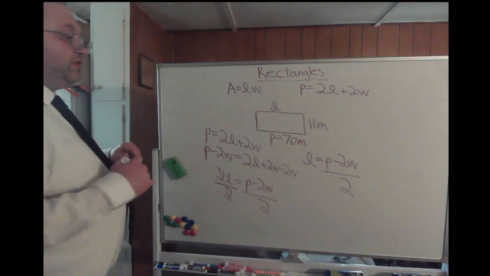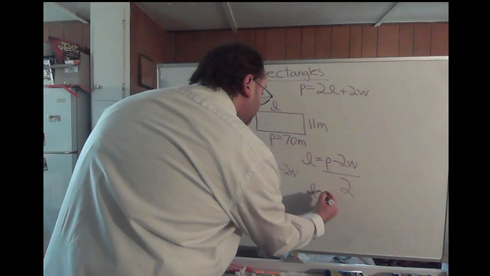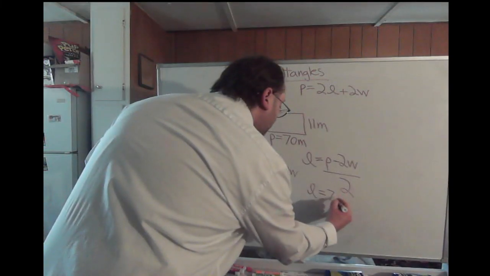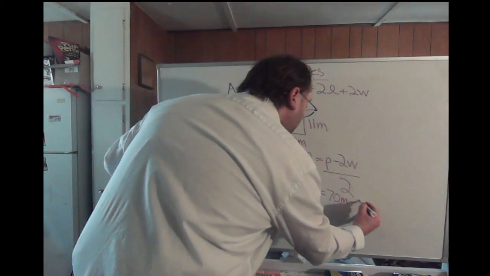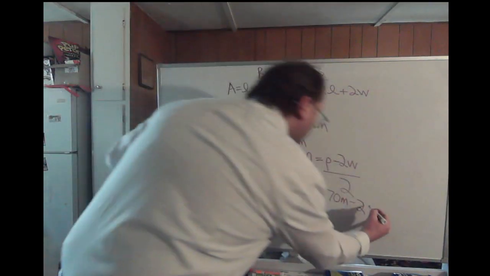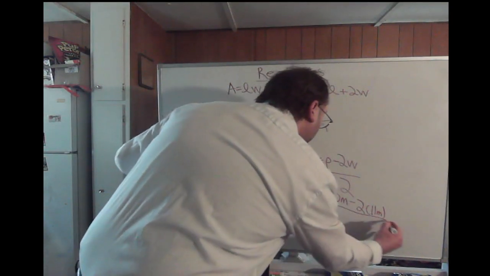Now we can put this formula to work and solve for it. The length is equal to the perimeter, which is 70 meters. That'd be 70 meters minus 2 times your width, which would be 11 meters. That would be all over 2.